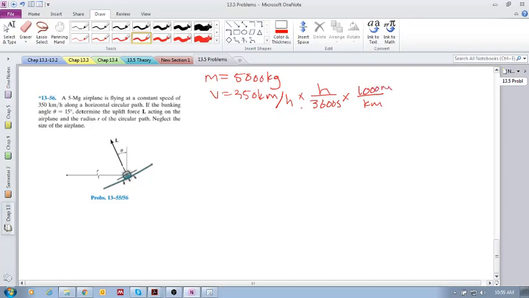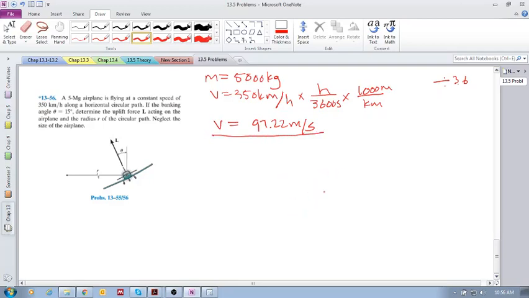Basically, if you're converting from kilometers an hour to meters per second, all you really need to do is divide by 3.6. This becomes 97.22 meters per second. Okay, so that's important for later on.